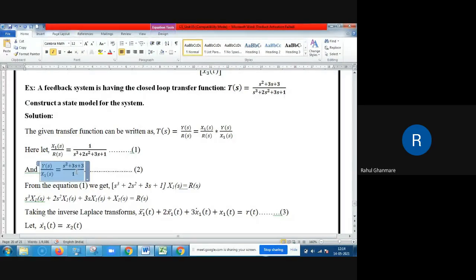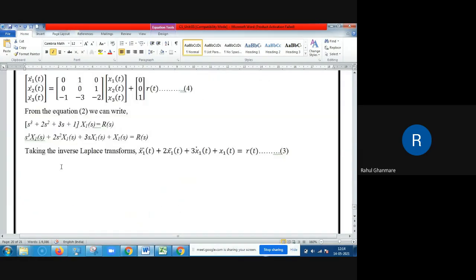X square s square plus 3s plus 3. So here you get s square plus 3s plus 3 x1 of s is equals to y of s, right? Now you need to multiply this equation. This is s square x1 of s plus 3s x1 of s plus 3 x1 of s is equals to y of s, right?